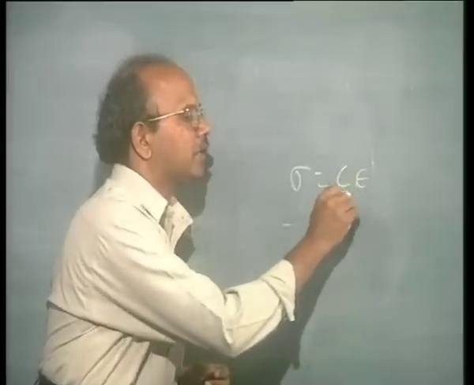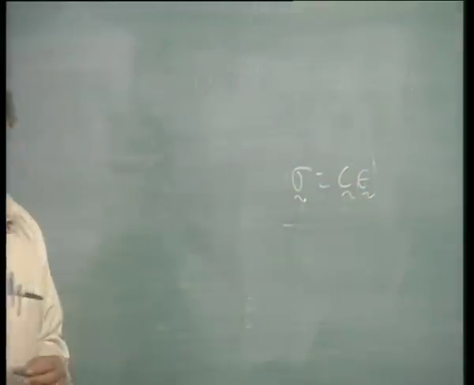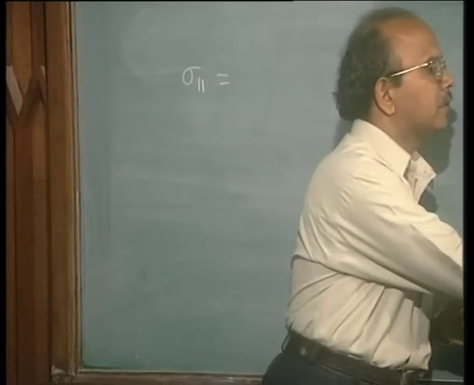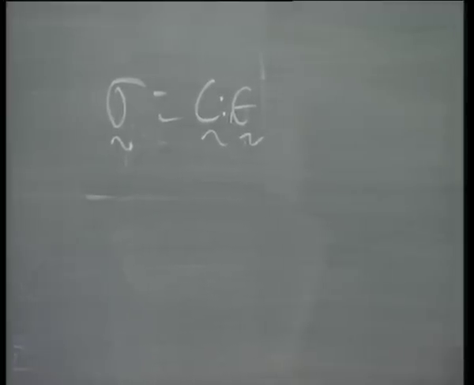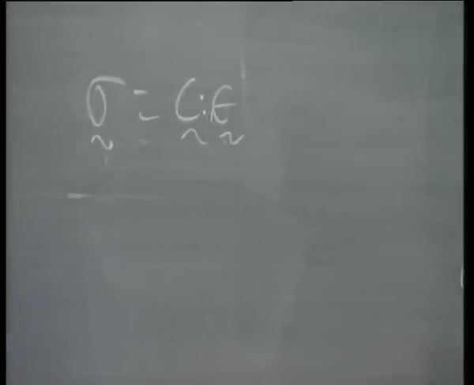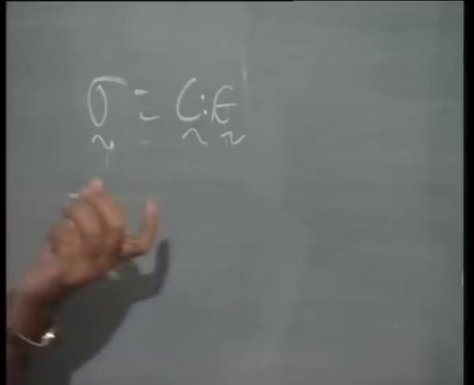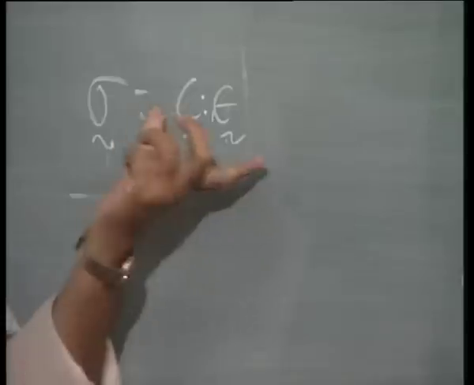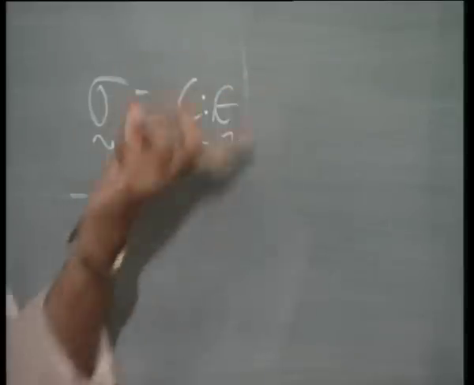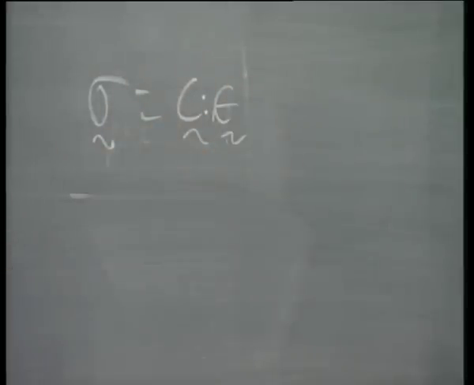I can write C epsilon straight away. That's a tensorial form in which I can write. Some people write it as sigma, okay, C double dot epsilon, and so on. This is still contracting the whole thing. The lazier we become, the less we write. But it's not only for that, we can also do manipulations much more easily with this kind of form. Is that clear?